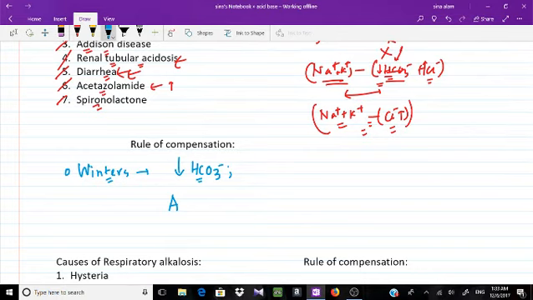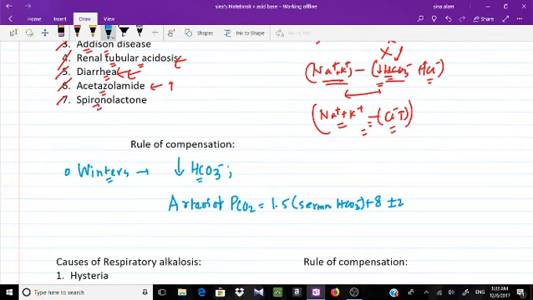And what is the rule it follows? How do you measure it? The compensation rule is arterial PCO2 should be 1.5 times serum bicarbonate plus 8, plus or minus 2. This varies in different books.